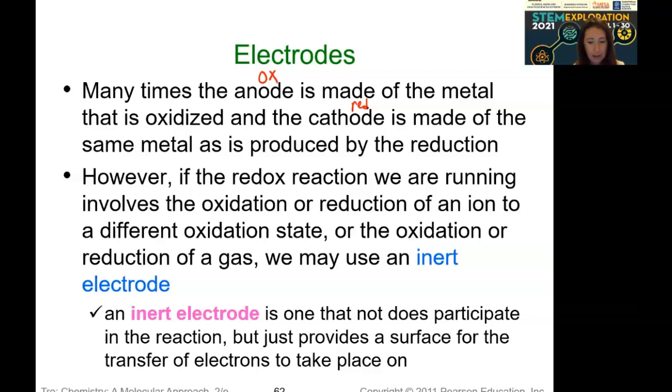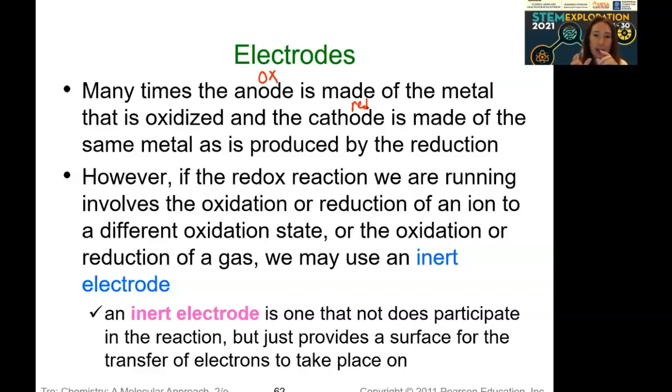But sometimes we have an ion in an aqueous solution that is being oxidized or reduced in the aqueous state. So it's going from one oxidation number to another, but both of them are in the aqueous state. And I'm going to show you an example of that.